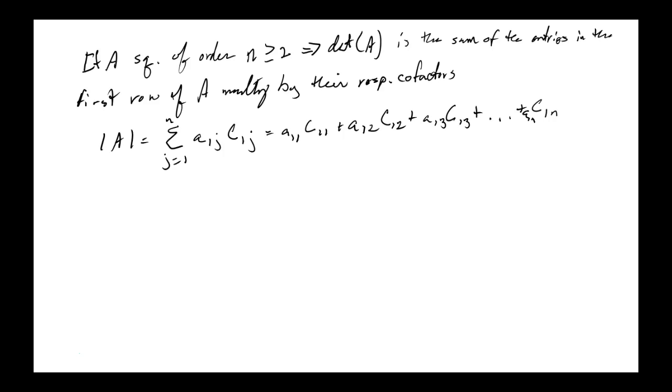Okay, sorry. Now, in a 2x2 matrix, they mention here, if you're using the first row, the cofactors are the two numbers in the second row, okay?